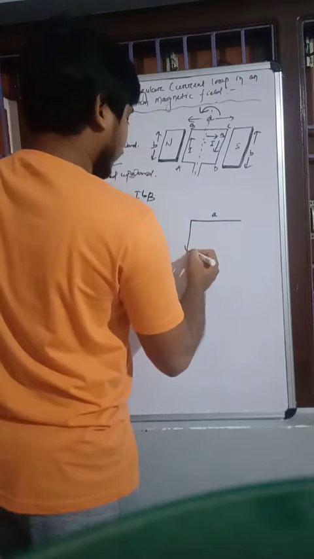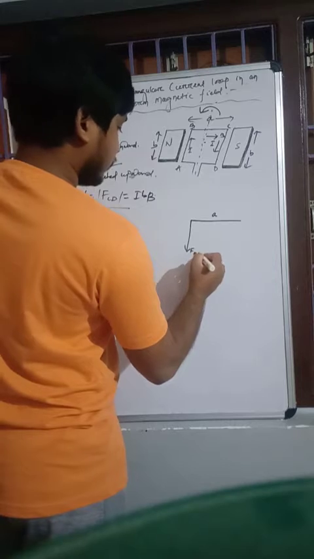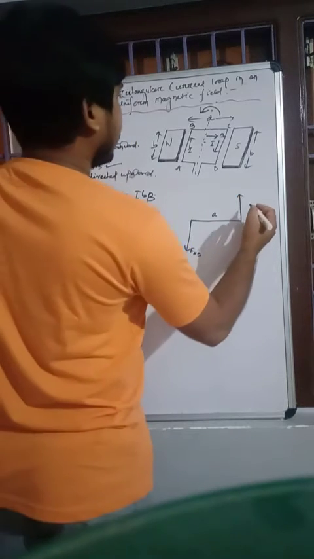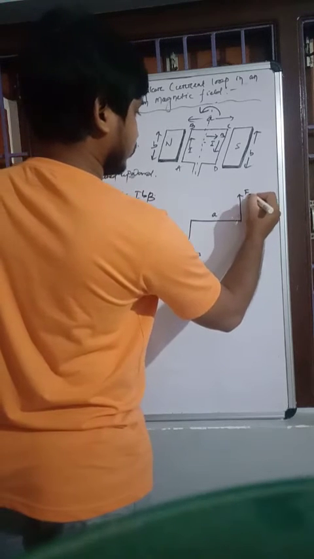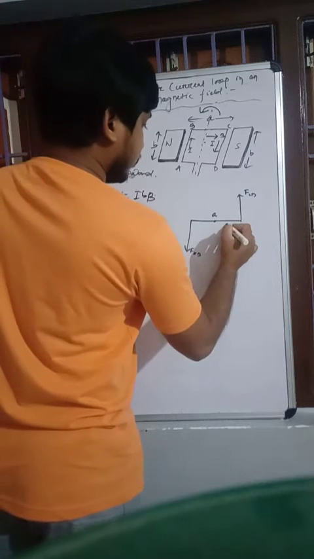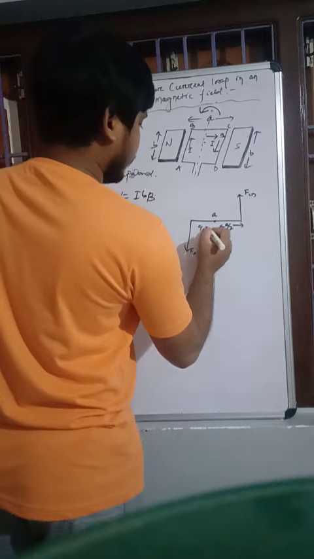This is the force acting in the downward direction, our F_AB, and this is the force acting in the upward direction, our F_CD. So this is the midpoint. This will be a by 2 and this will be a by 2.